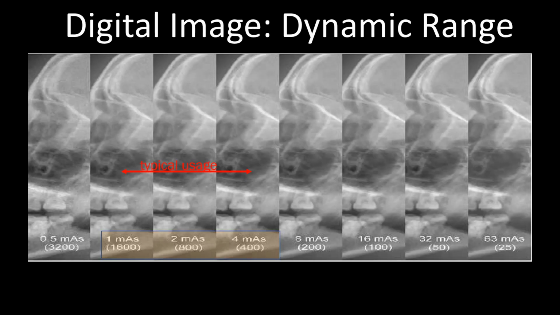The dynamic range of digitally acquired images is far superior to the images acquired using the analog or film screen system. The difference being that we have a wide range of choices for the shades of gray or dynamic range based on how we assign the digital intensity of a specific capture.